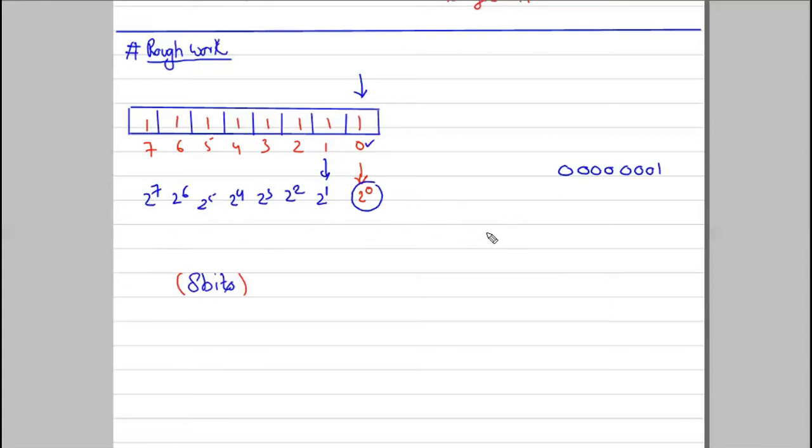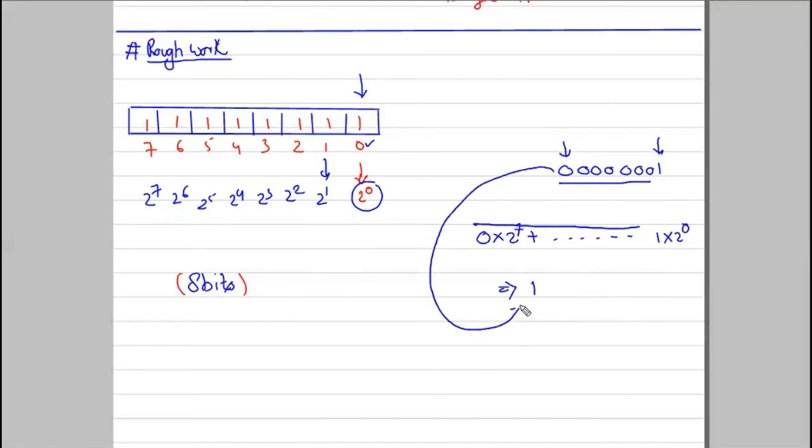So to do so, we have 0 times 2 to the power 7 plus, in the same fashion it will go, and because it's 1 at the end, it would become 1 times 2 to the power 0, and eventually the value would come, 2 to the power 0 is actually 1, okay, this is 1 itself, and 1 times 1, and the rest would become 0. Why? Because at each and every other place the bit is 0. This is how to map a binary to a decimal.